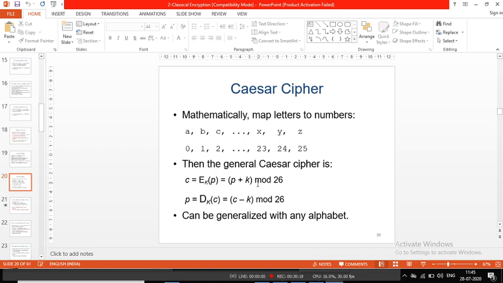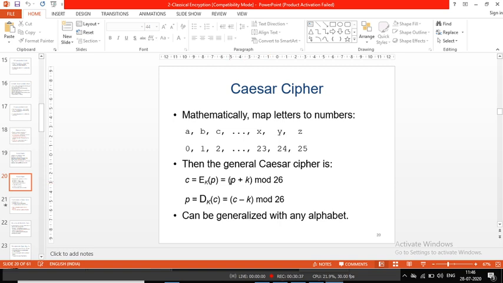So what is the functionality of this mod 26? Mod 26 is nothing but a division operation. After dividing, what will be the remainder? That is the mod function. The purpose of the mod function is to find the remainder by dividing the original data.